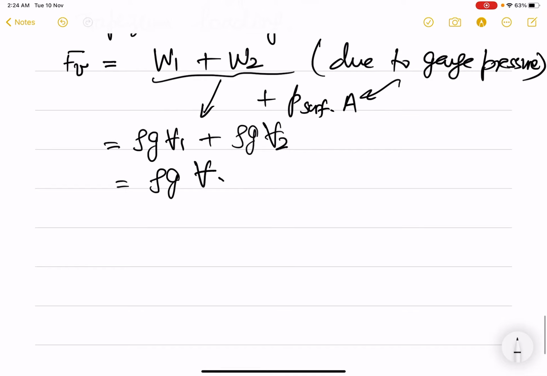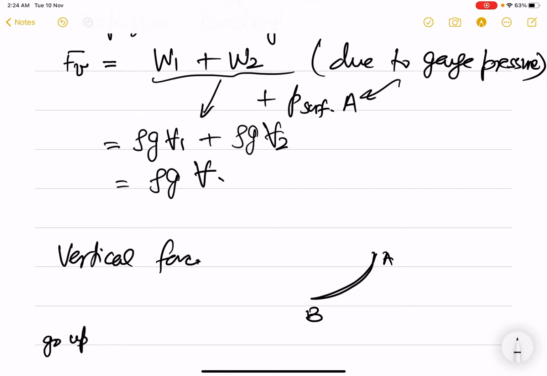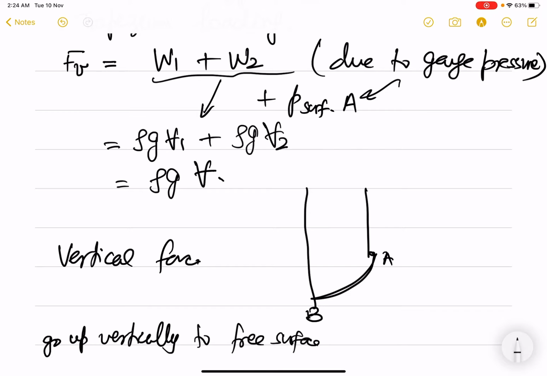So the vertical force on a curved surface, if you have to find, what you do is you go up vertically to the free surface. So from A you go up to the free surface, from B you go up to the free surface.